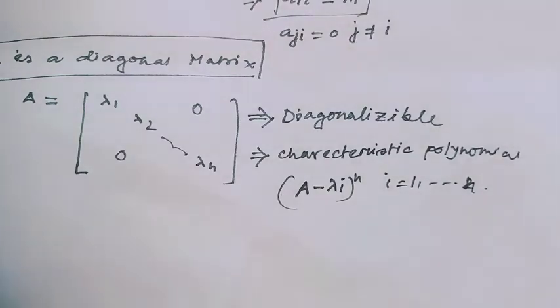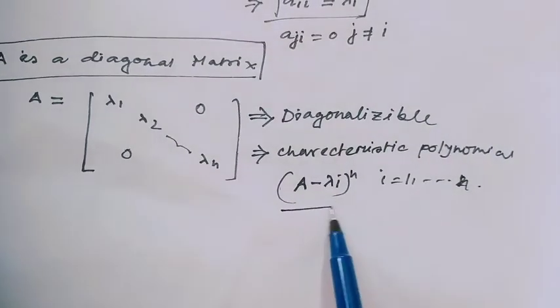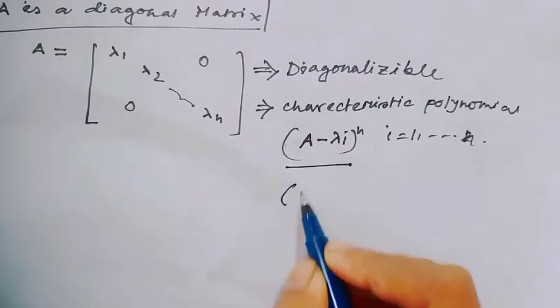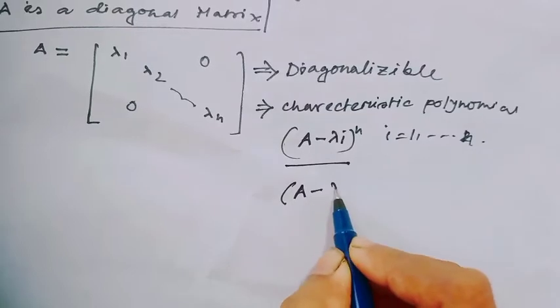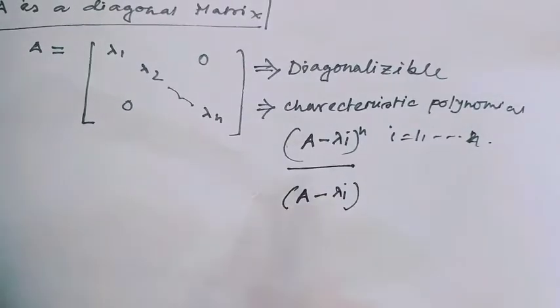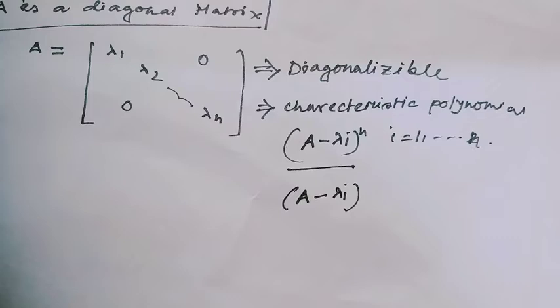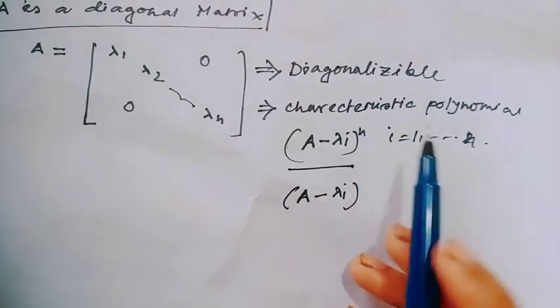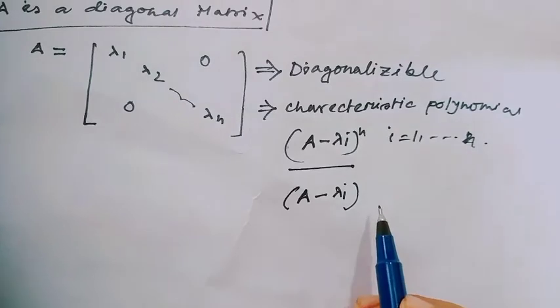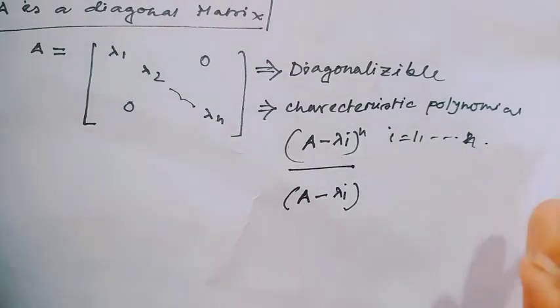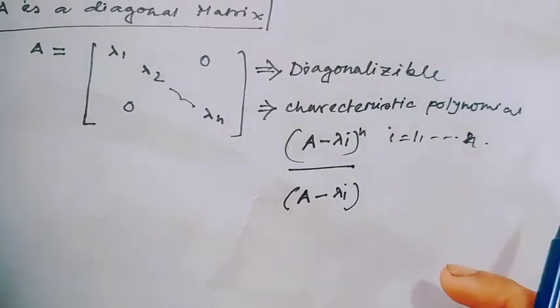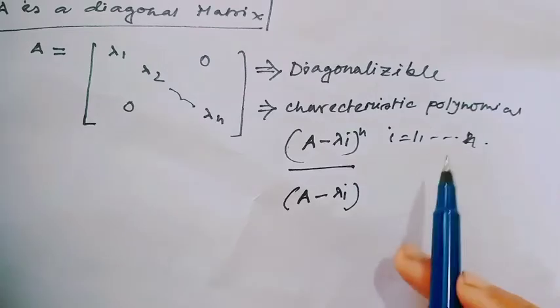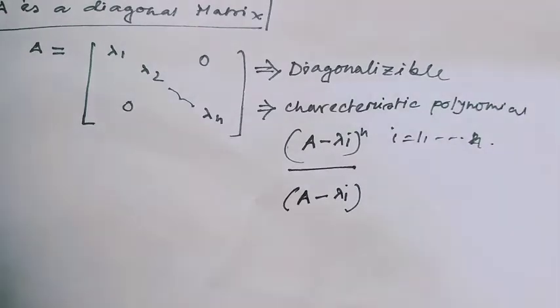So the characteristic polynomial is (x minus lambda) to the power n, but the minimal polynomial would be (x minus lambda), since the matrix is diagonalizable. Because when the matrix is diagonalizable, then the minimal polynomial will always be a product of linear factors. We all know this; I have discussed this part in my previous video.